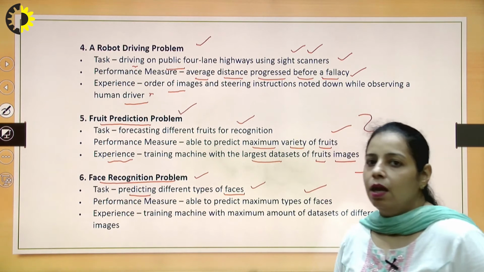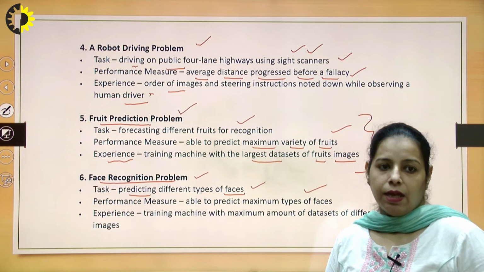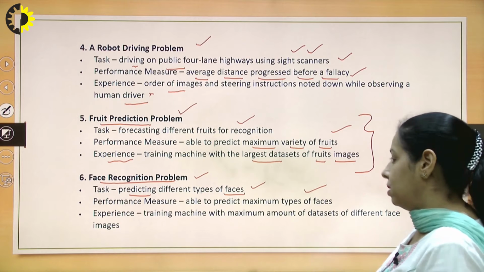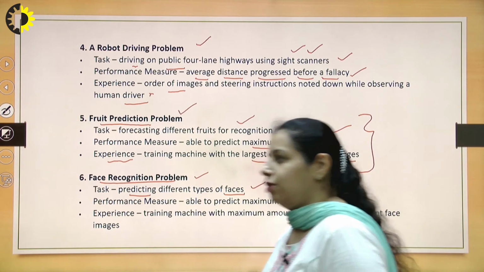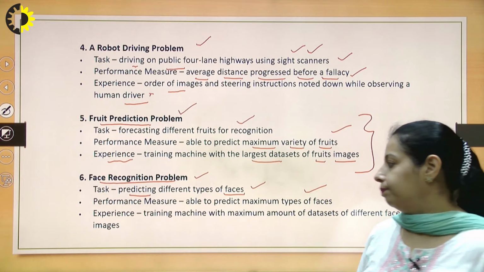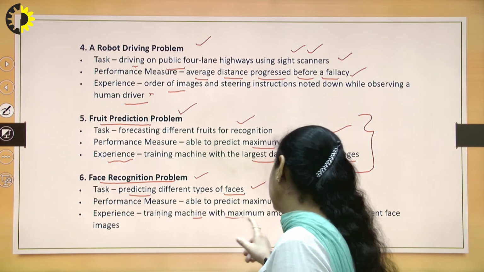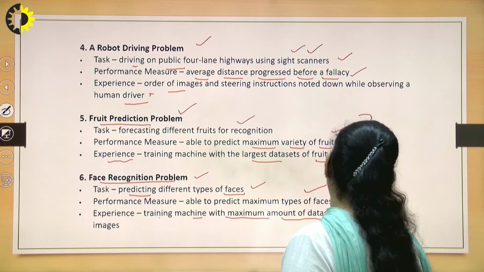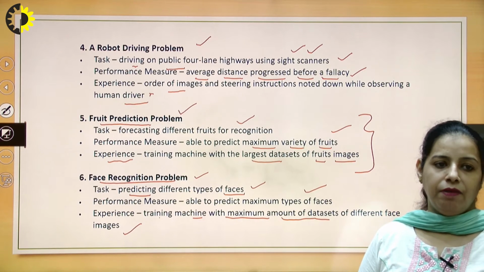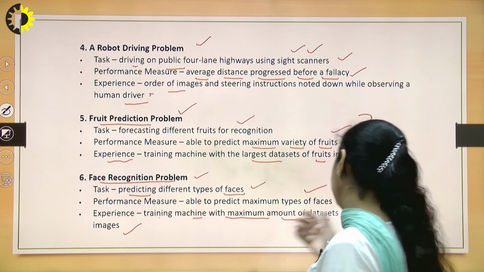From here we can calculate the performance of the system, that is, how many faces it can predict accurately, the maximum number of faces, with which we can calculate the performance of our machine. And the experience which we gather is training the machine with a maximum amount of data of different face images. We get a trained machine which has a maximum amount of data with different types of faces.